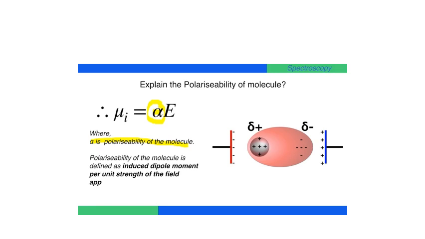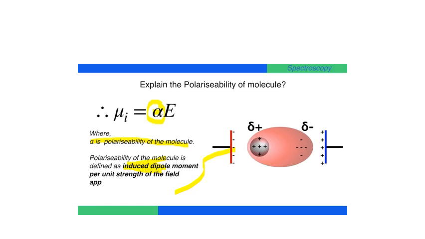And this polarizability of the molecule is defined as induced dipole moment per unit field strength. Here we should also study the term induced dipole. Induced dipole means that the dipole moment is induced in the presence of an electric field.